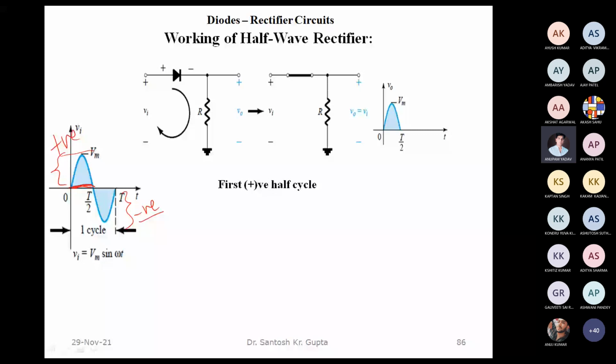So during the positive half cycle, we have a battery potential as shown here in the circuit, positive upside, negative downside.